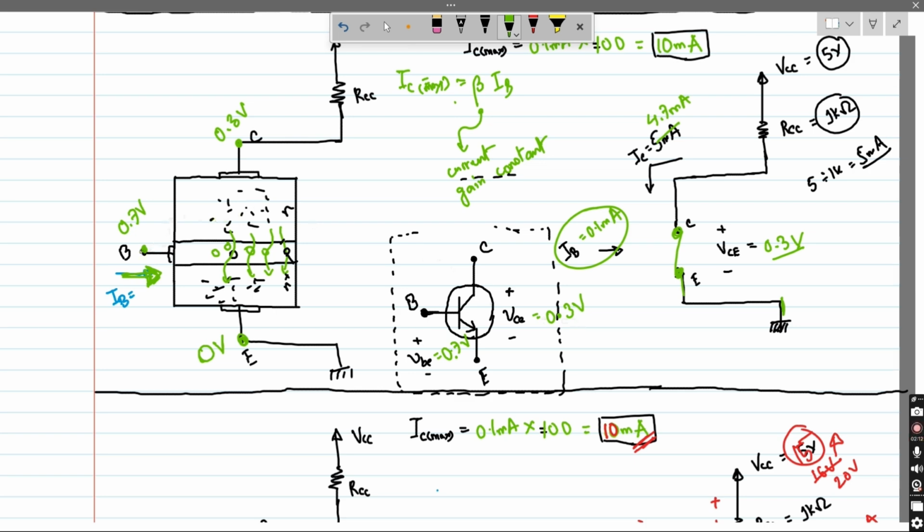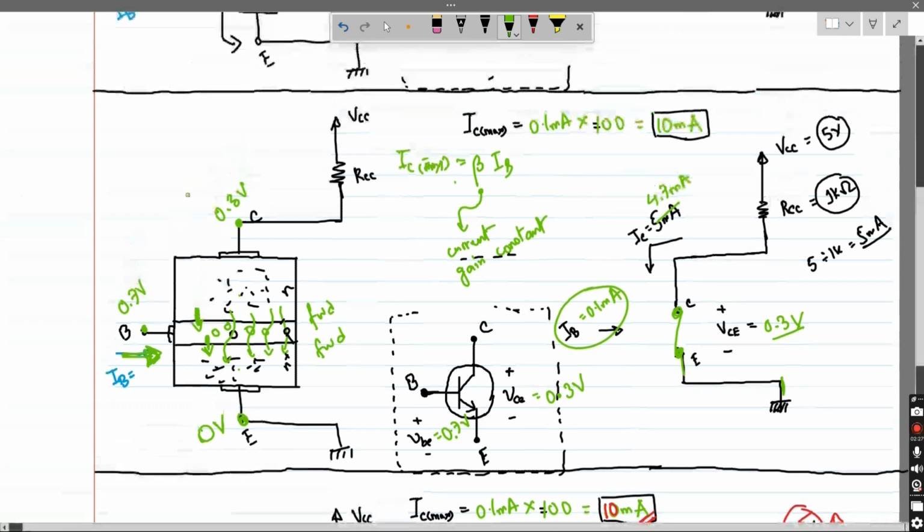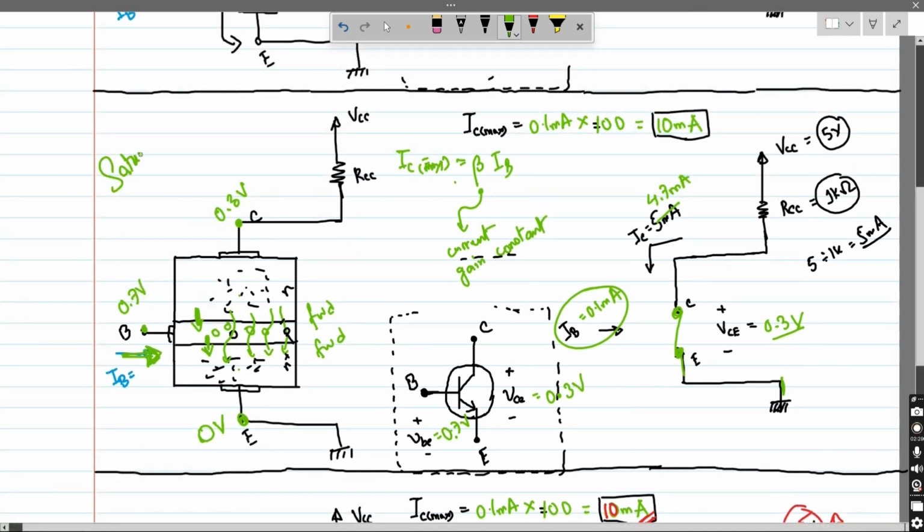So we can see the base is at a higher potential compared to both the emitter and the collector. So both of these junctions are forward biased, and this is the saturation mode of the BJT, where both junctions are forward biased and the BJT acts like a closed switch.